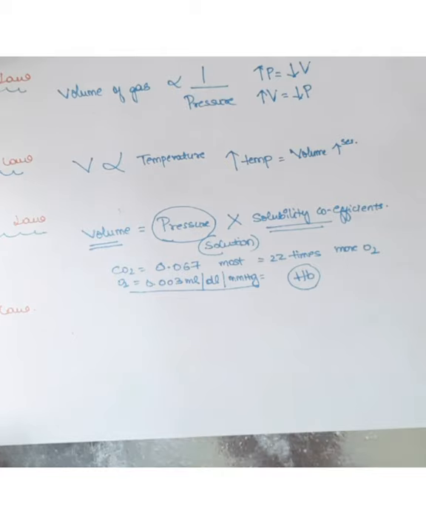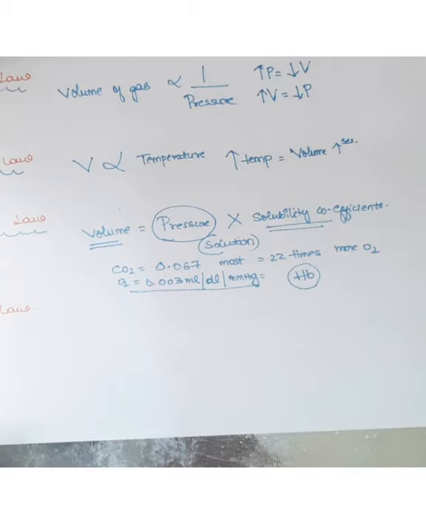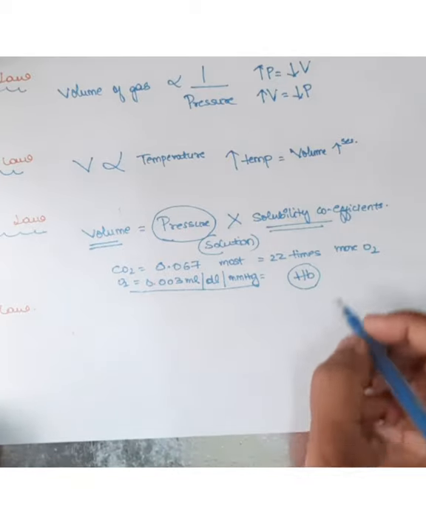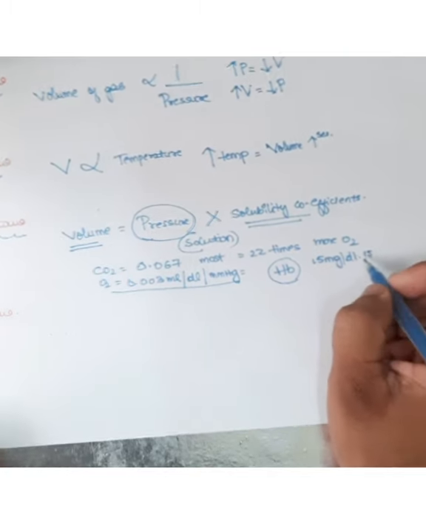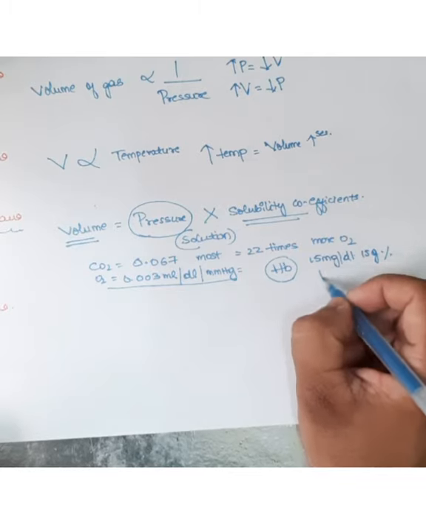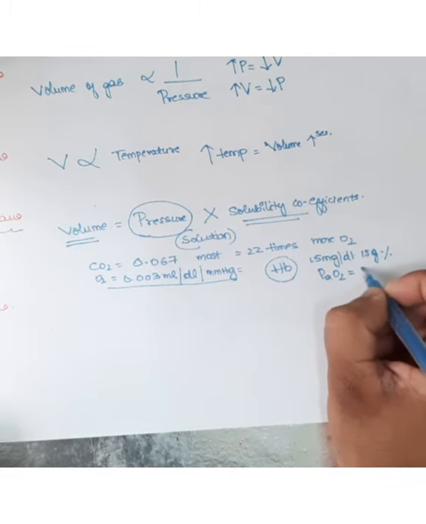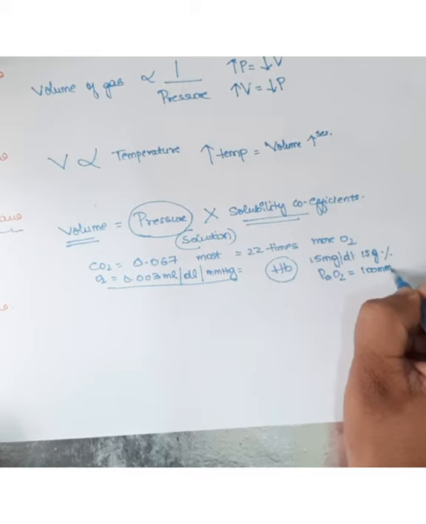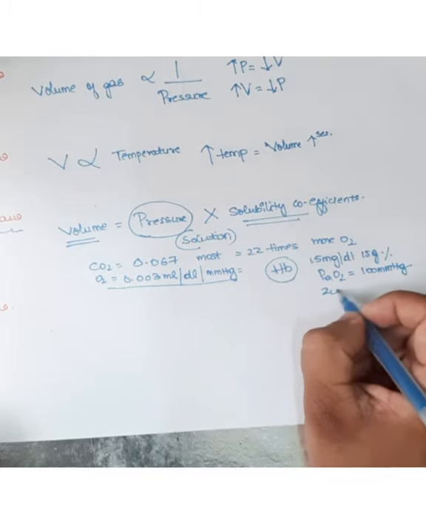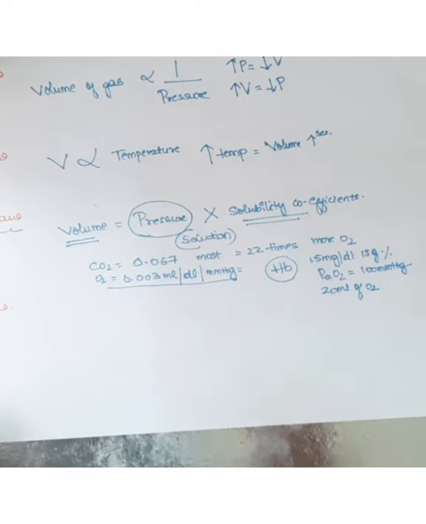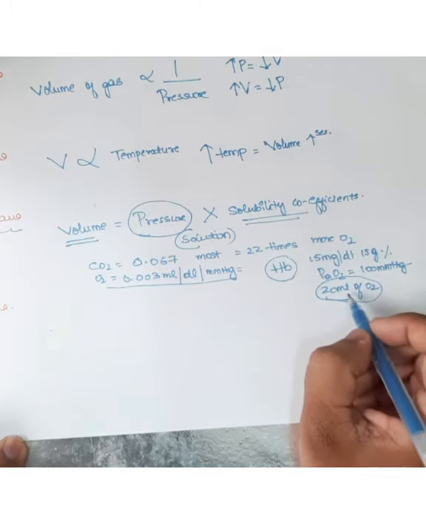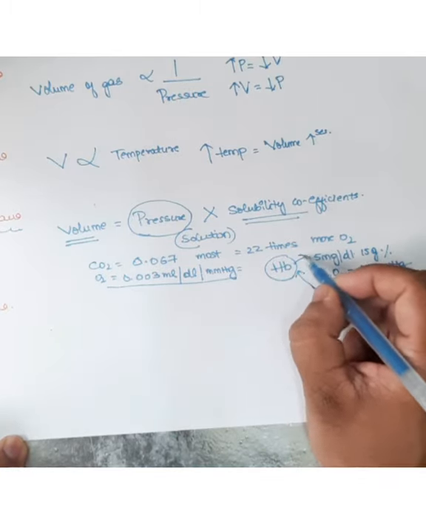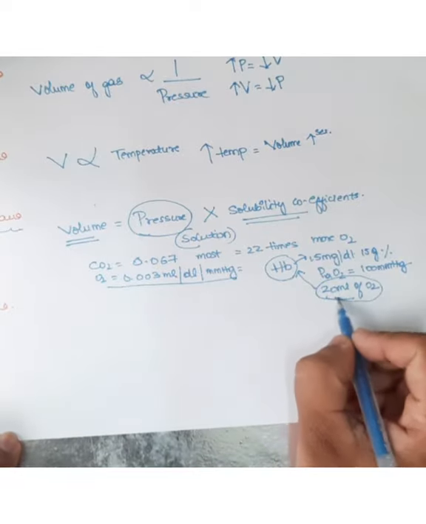For example, if the concentration of hemoglobin is 15 gram per cent, and if the partial pressure of oxygen on the arterial side is 100 mmHg, then you can see 20 ml of oxygen can be carried. So this carrying of 20 ml is made possible because of hemoglobin.